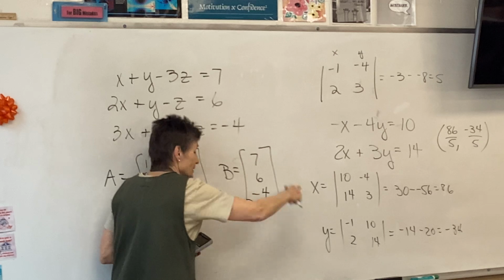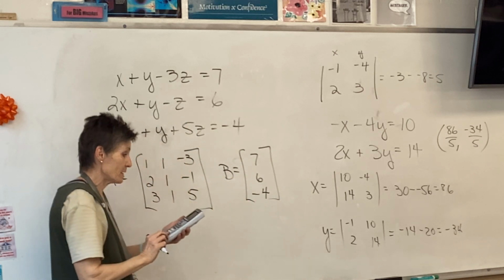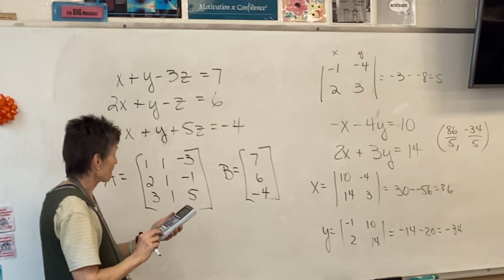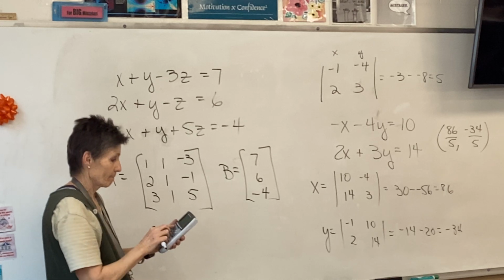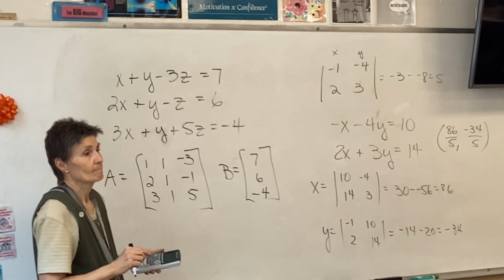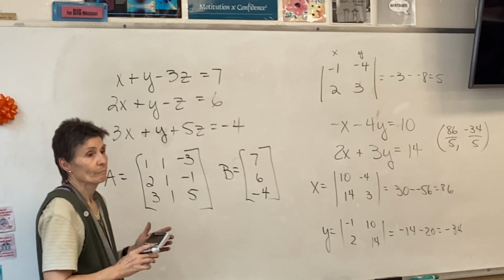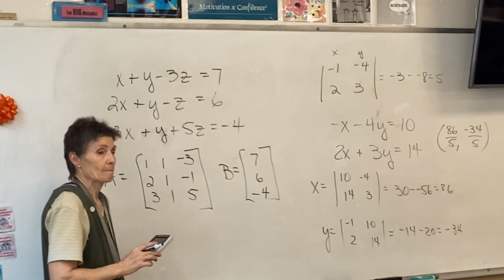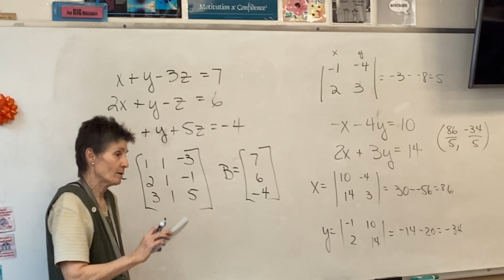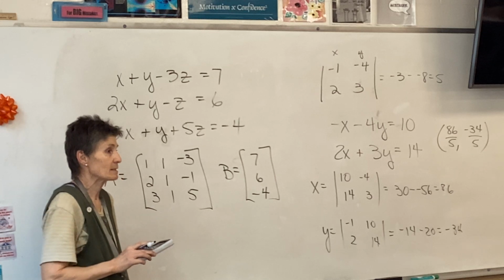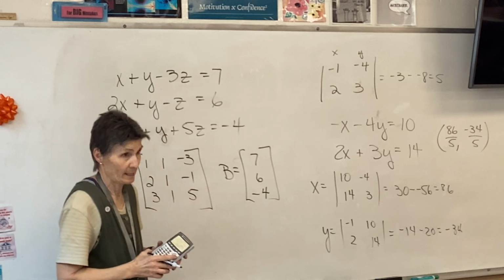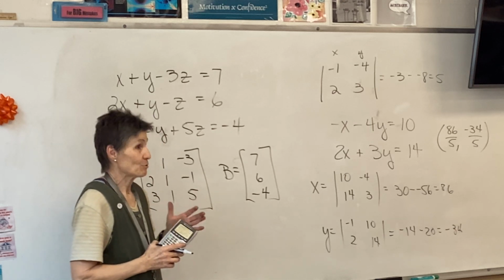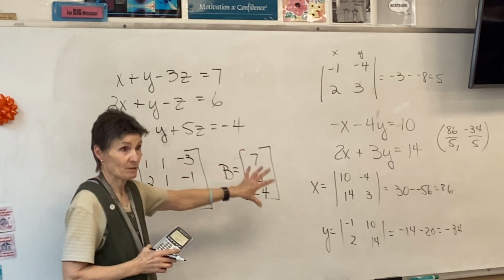Rows by columns, so 3 by 1. Yep, so everybody get to that second quit spot. So now, sitting on your calculator are matrix A and matrix B.